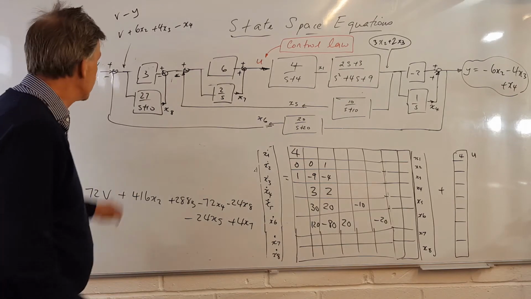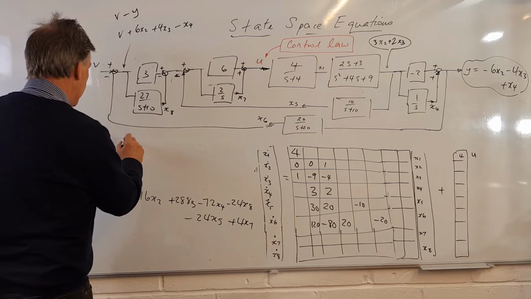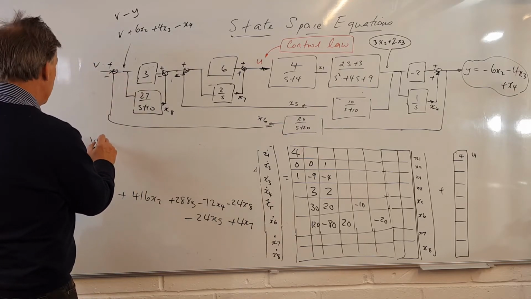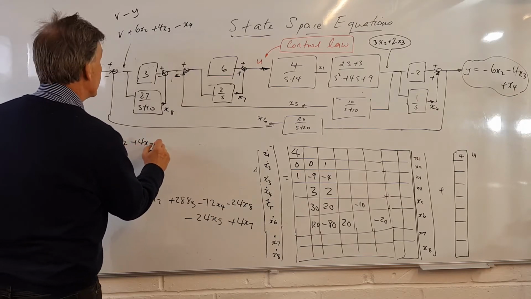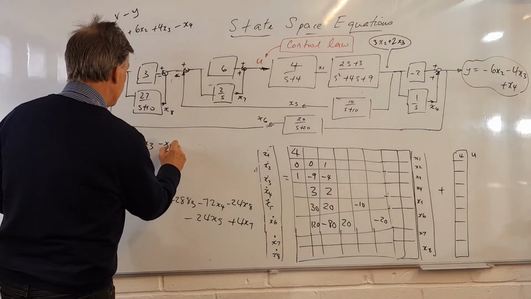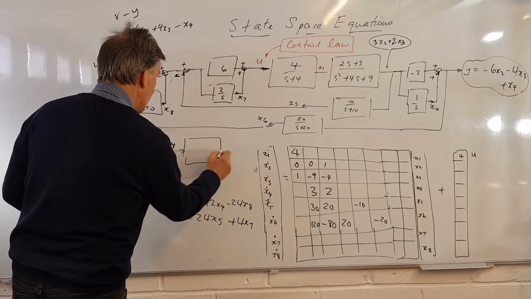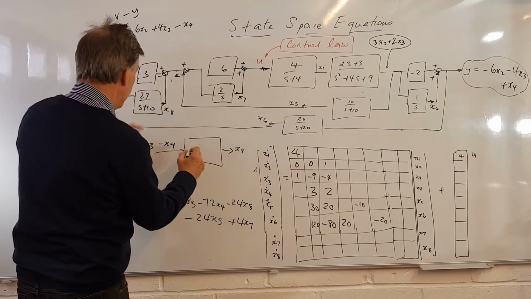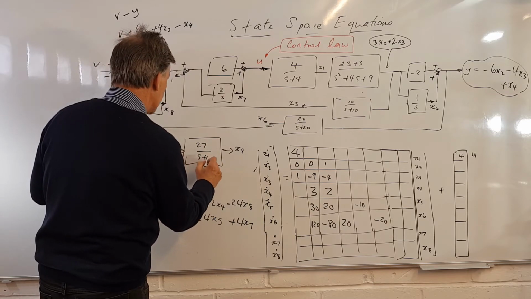Let's look at this one here now. For x8, we've got a little box, quite a complicated input. We've got v minus 6x2 plus 4x3 minus x4 going into the box. And out of the box we've got x8, and this is 27 over s plus 10.